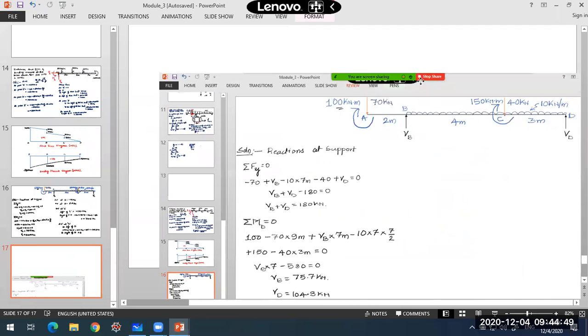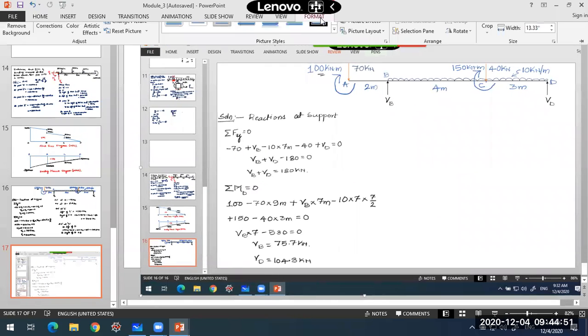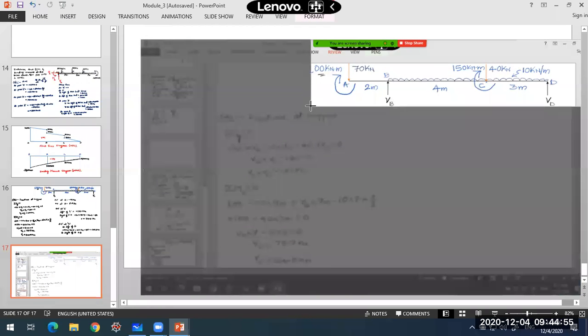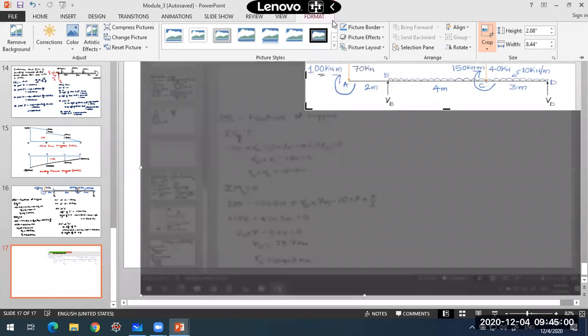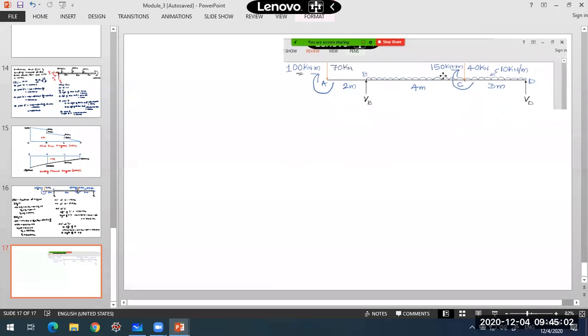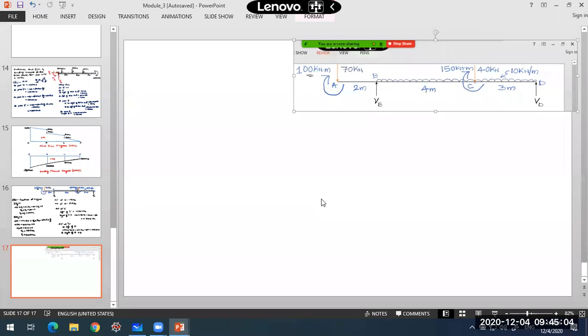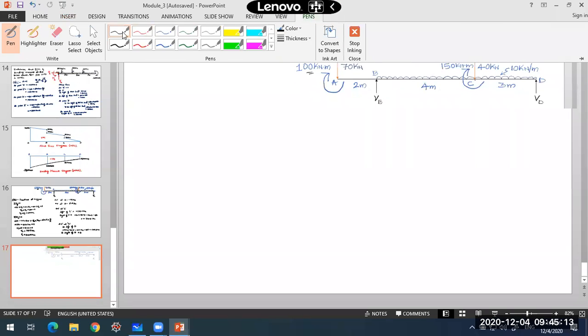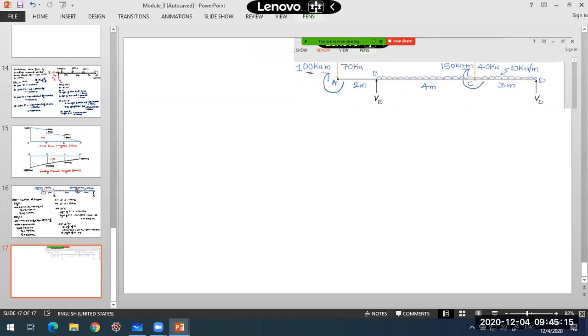We'll go with this calculation from here. Again, we'll move from end A itself. So bending moment over here at A.